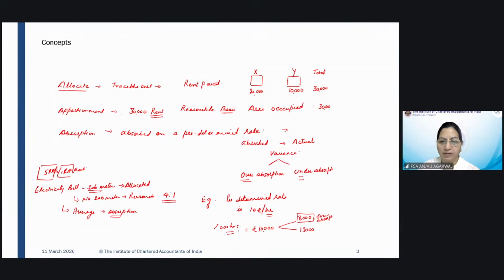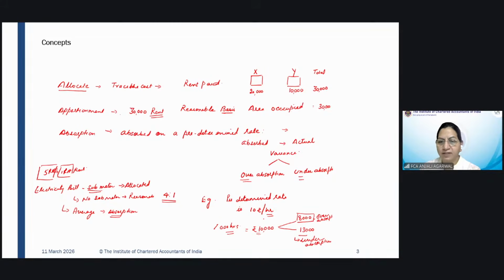And similarly, if actual is 13,000, whereas absorbed is 10,000, this becomes a case of underabsorption. That means actual expenditure was higher, but we have applied only 10,000, which is less.